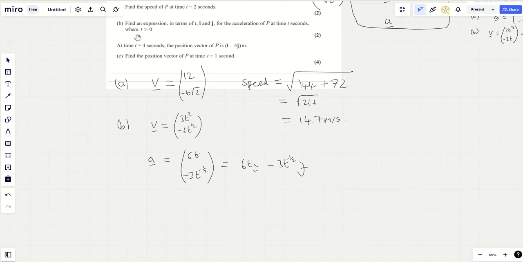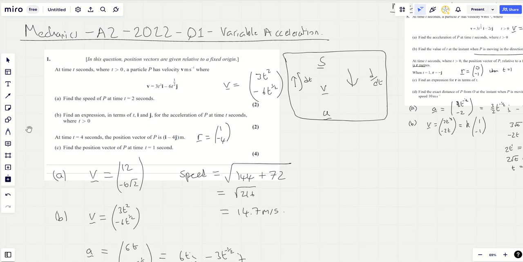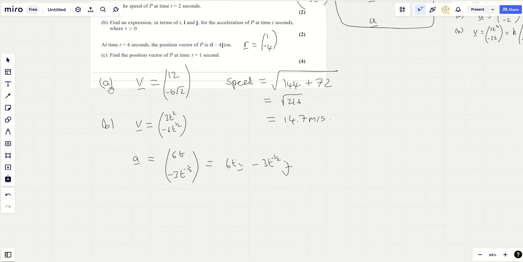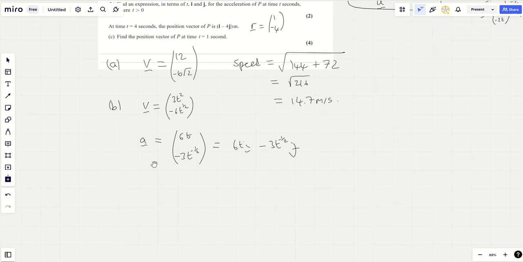Okay, right. Part C, at time t equals 4, the position is 1 minus 4, so r equals 1 minus 4, and often, I've written s here, but often they use r in these questions in place of s. Just remember it means displacement or position really, in vectors questions, position, displacement from a common origin. Okay, find the position vector of p at time t equals 1, so we need to integrate the velocity.